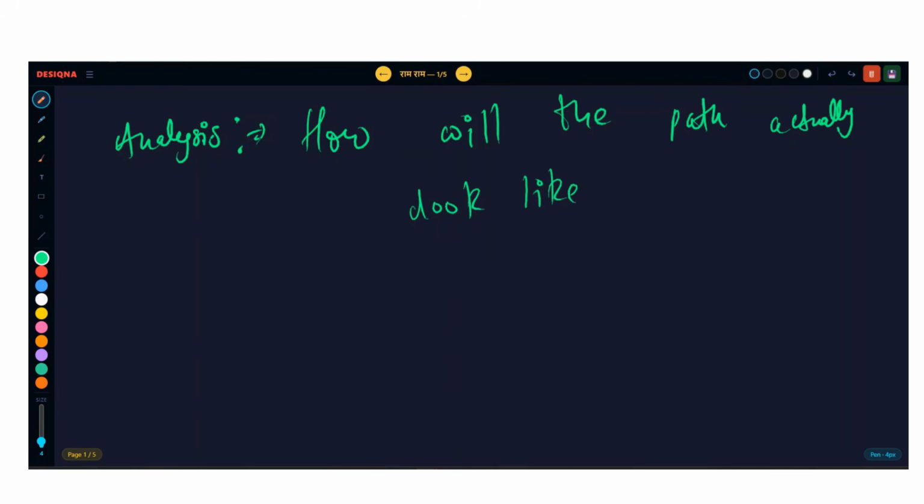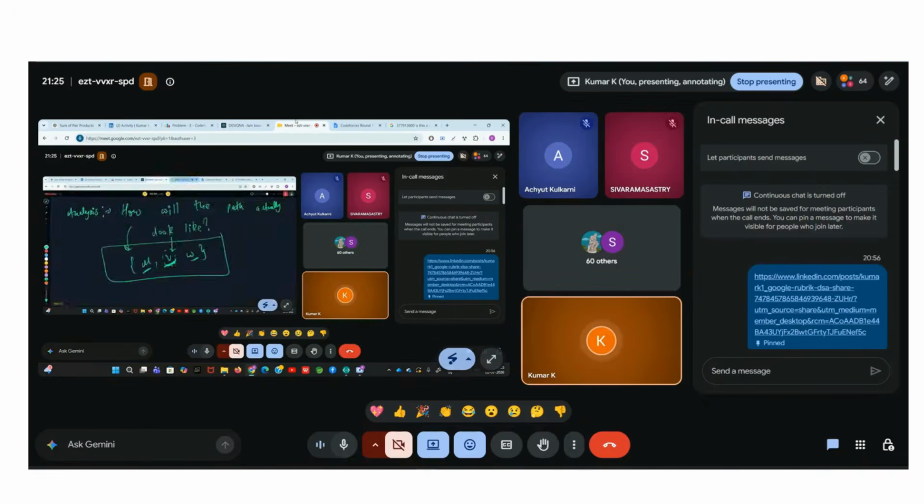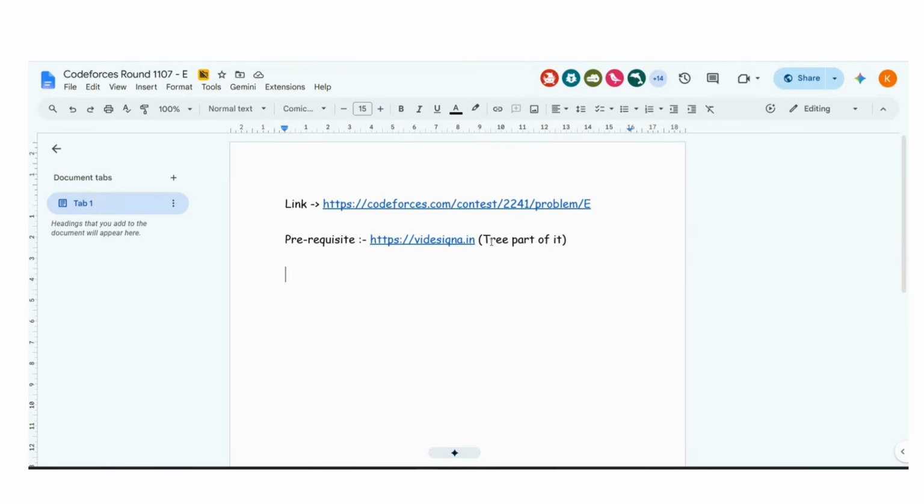You can try to decrease the complexity of the question. They are telling you to find the valid triplets u comma v comma w. To make sure you count distinct triplets, try to center all of them around v. Try to fix the node v and then try to find the valid u and w's.